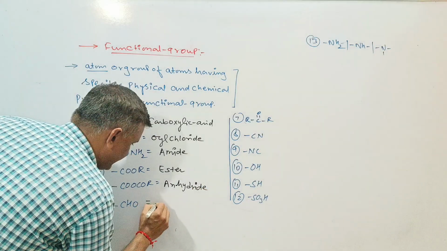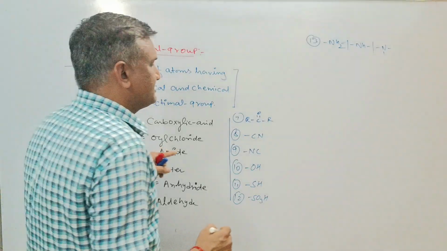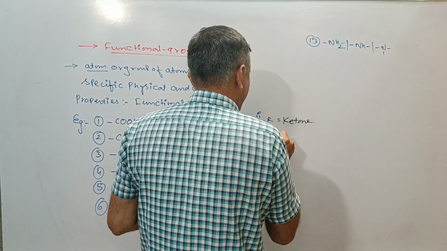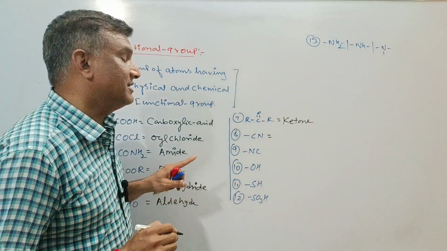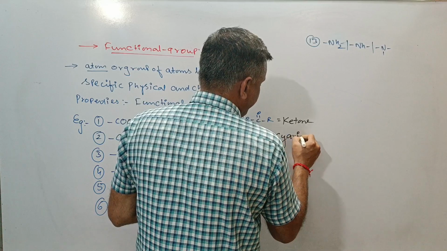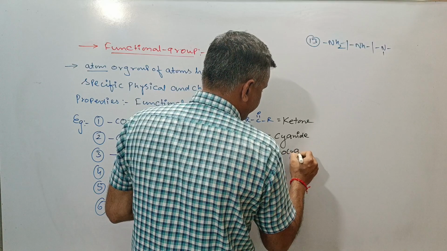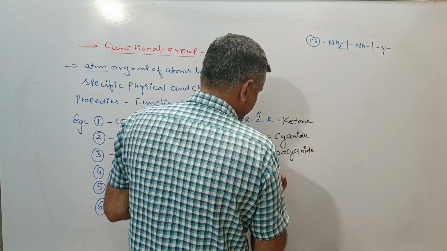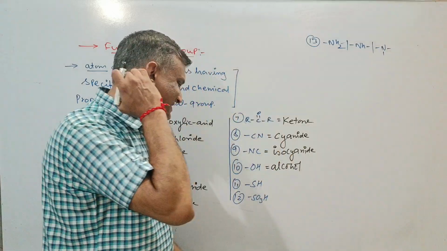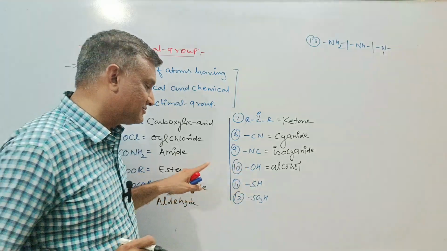This is the aldehyde, which you have discussed in class 10th. This is the ketone functional group. It is a very important functional group for the female department because it is used as a nail polish remover also. This is called cyanide, a very important functional group. This is called isocyanide. This is called alcohol, a very important functional group used as a disinfectant as well as an antiseptic.